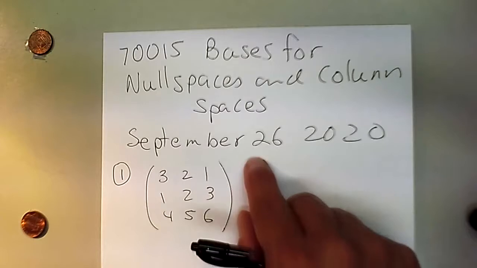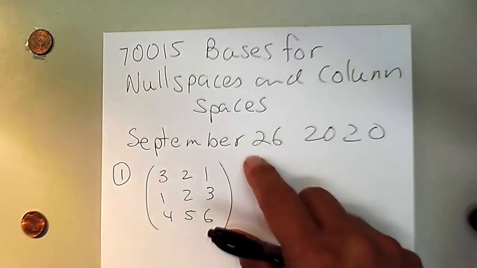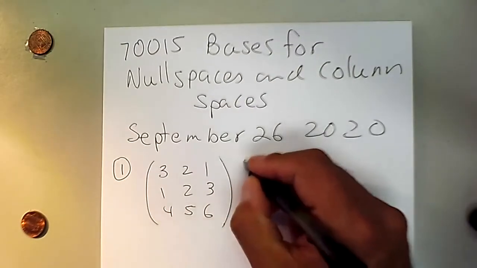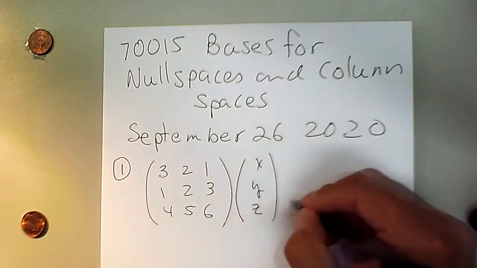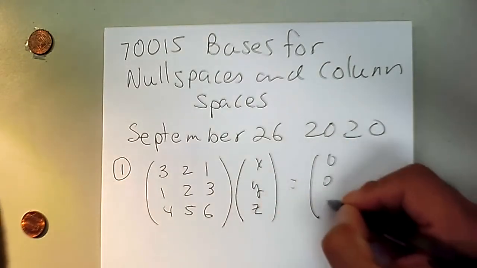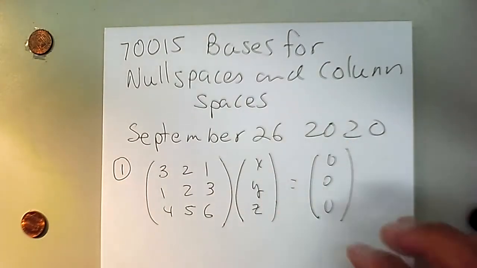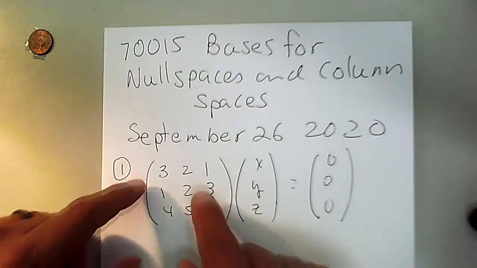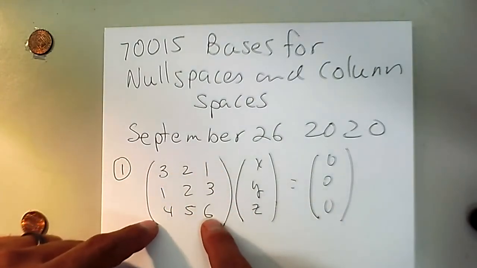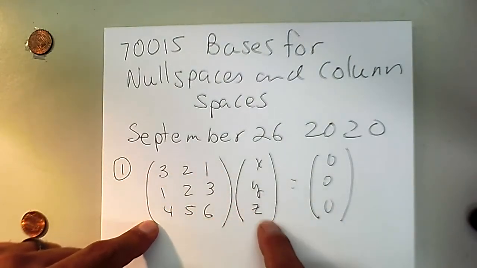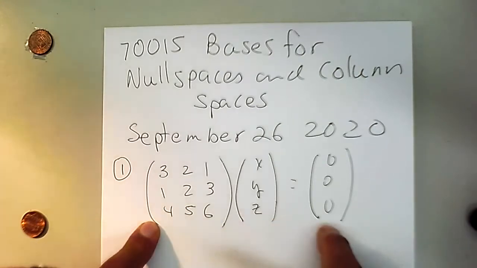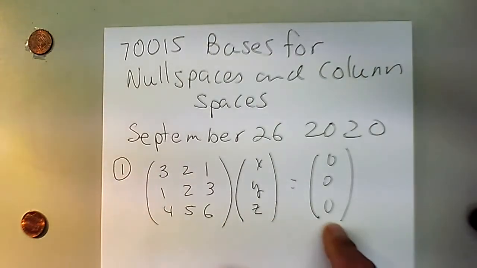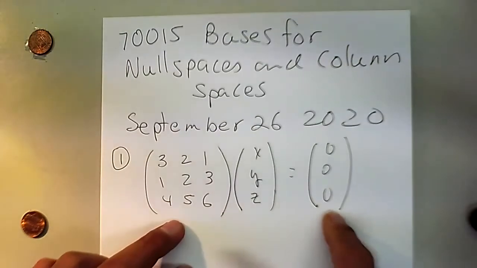The null space is the space of vectors x, y, z, so that when we multiply, we end up with, of course, 0, 0, 0. And we could solve the system of equations, or we can simplify this by elimination and then end up with a system of equations that is equivalent to this one.